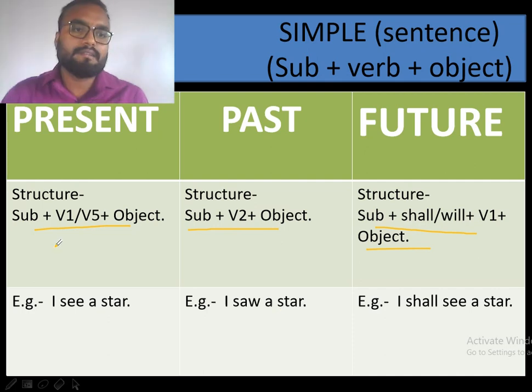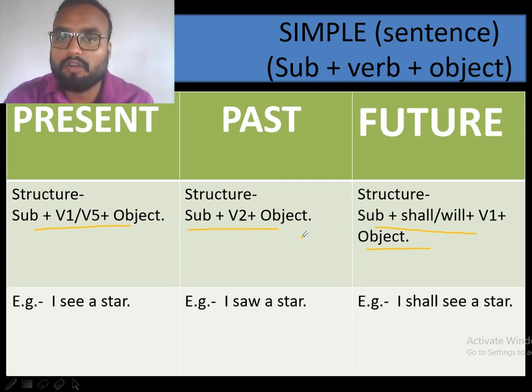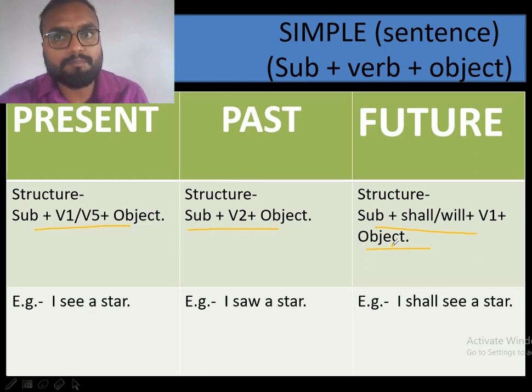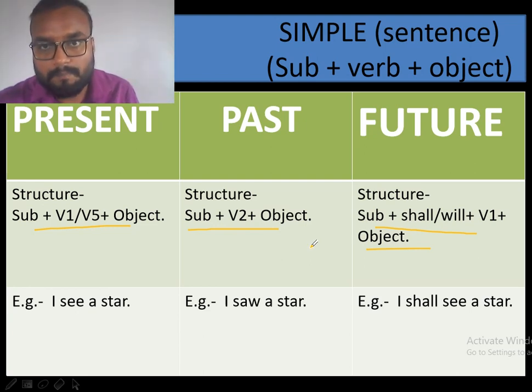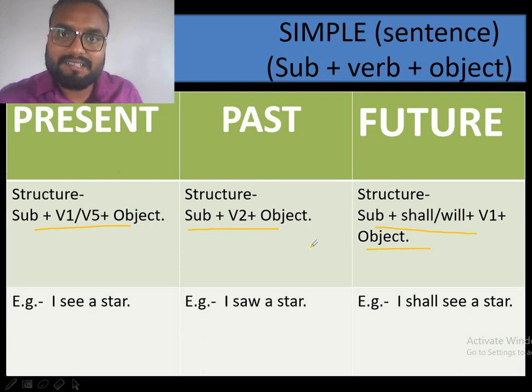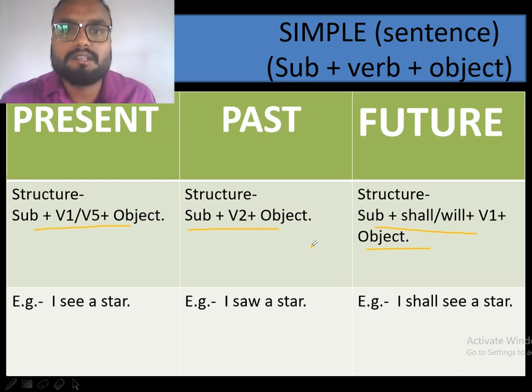So you can see in the structure it takes a subject, a verb, an object. Again in past case it takes subject, verb, object. Again in future case it takes subject, auxiliary, verb and object. So the structure of simple sentence is being followed only. So this is about simple tense. Simple means the simple sentence, the sentence which has one subject and one verb, and tense refers to time.